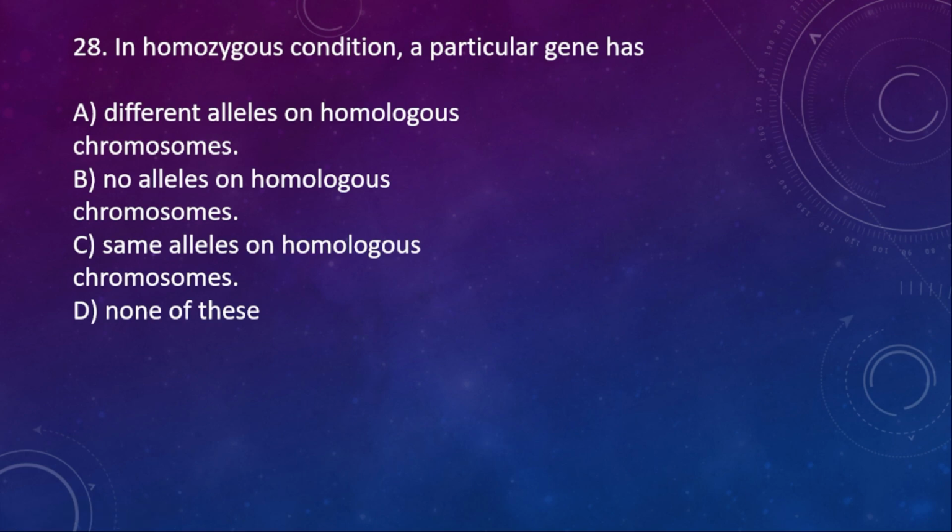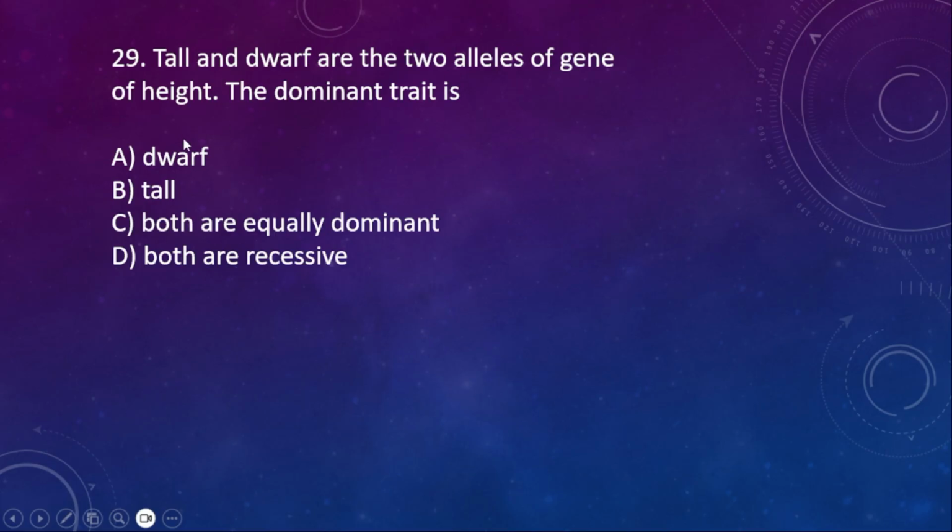So here the right option is option C, same alleles on the homologous chromosome. Next question, 29. Tall and dwarf are the two alleles of the gene for height. The dominant trait is... just now I explained about that, isn't it? So I think you people can answer this one. Which one is dominant? Obviously the tall one is dominant.